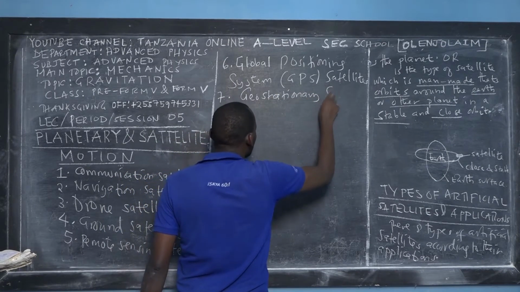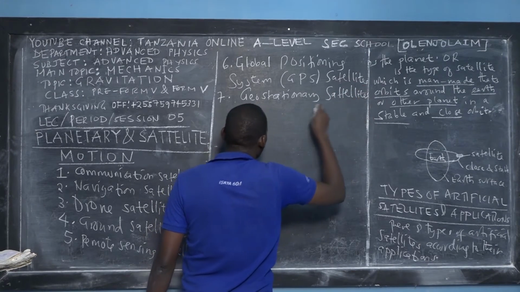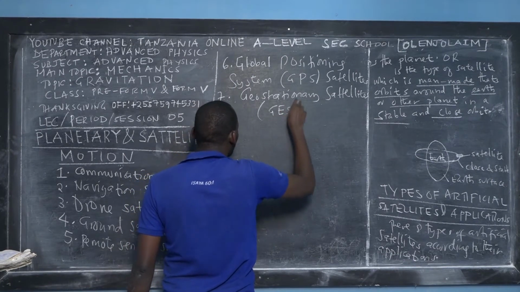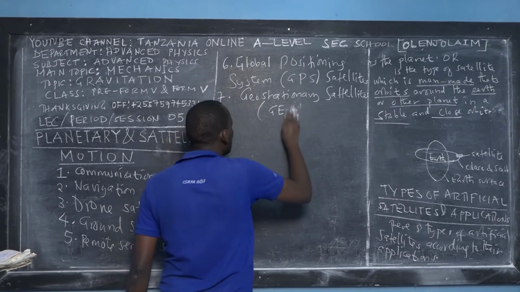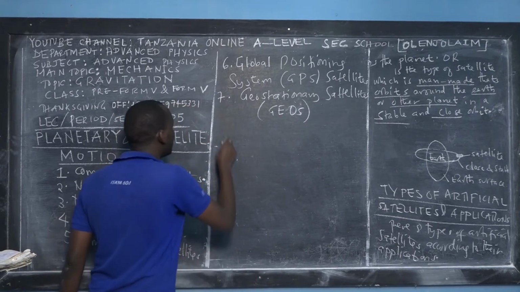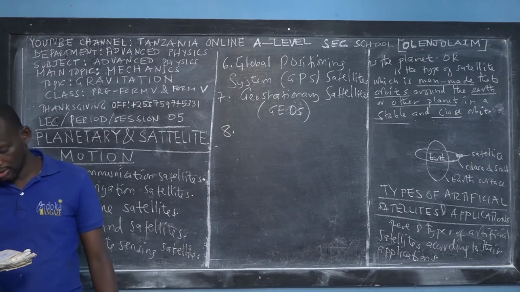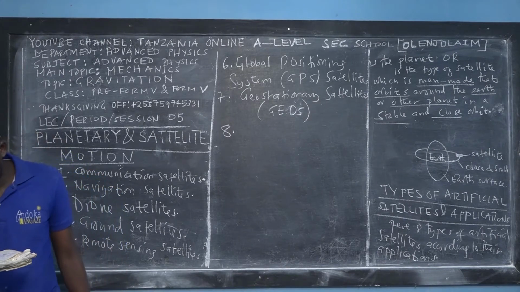Geostationary satellites. These geostationary satellites, in abbreviations, we call them GEO satellites. Then the last type of artificial satellite, we have again something called geocentric orbit type.